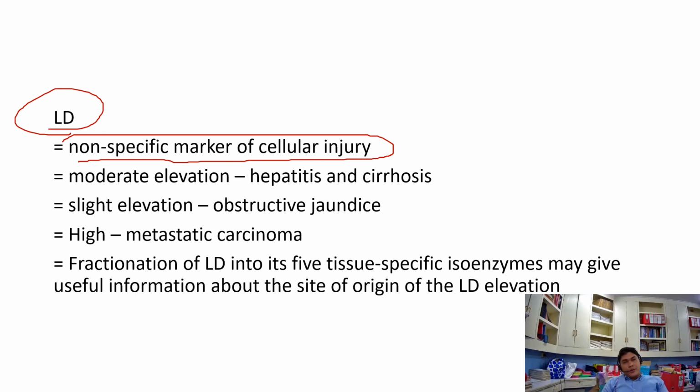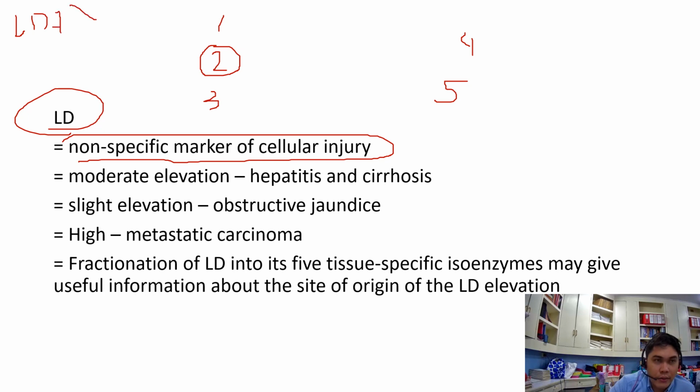So we have 5 isoenzymes of lactate dehydrogenase: LD1, LD2, LD3, LD4, and LD5. The most abundant is LD2. So in a normal pattern, you have LD1 less than LD2.